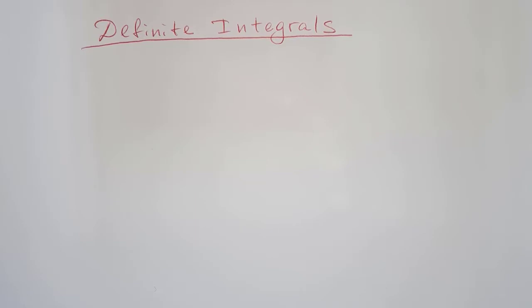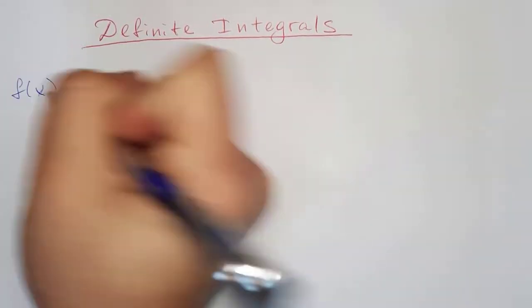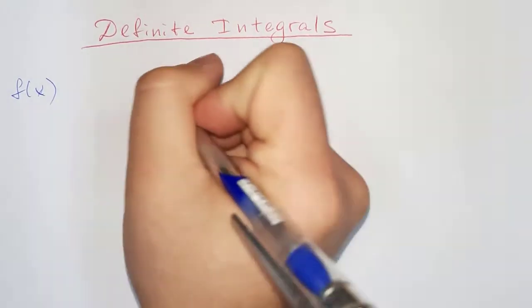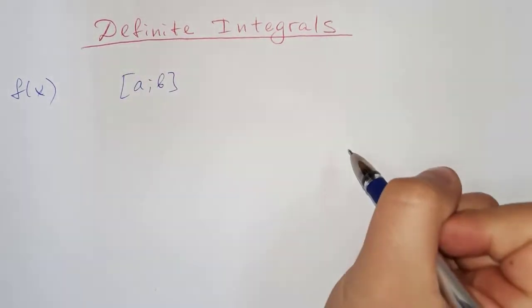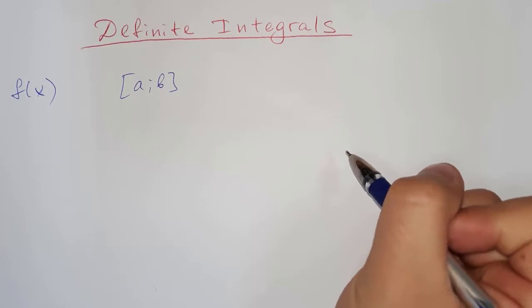So firstly, we need to give a definition of the integral sum. Let a function f of x be defined on the interval [a, b], and we have an arbitrary partition.